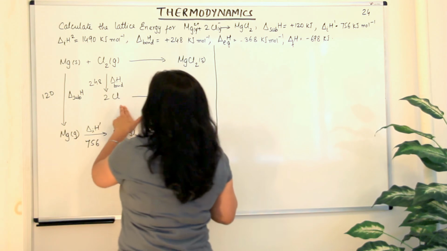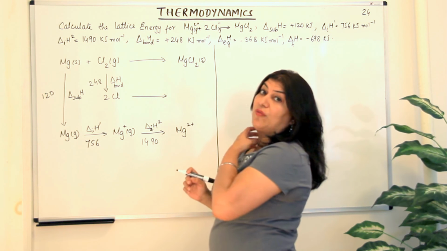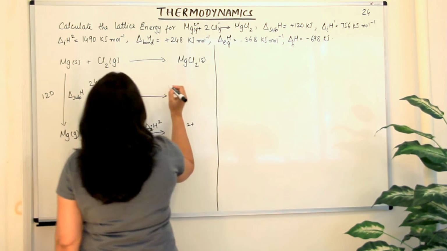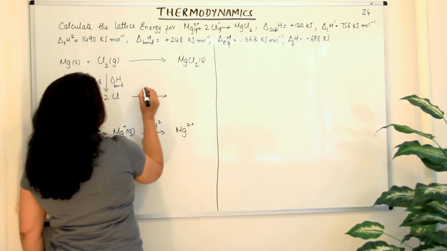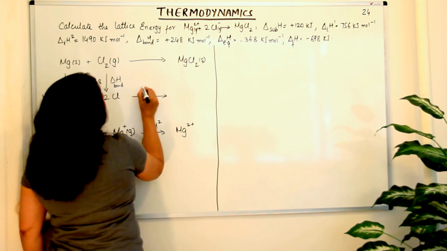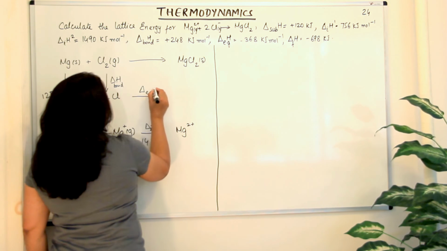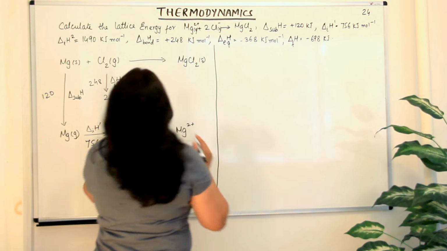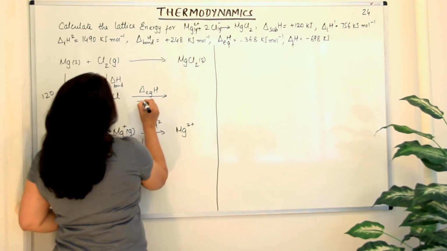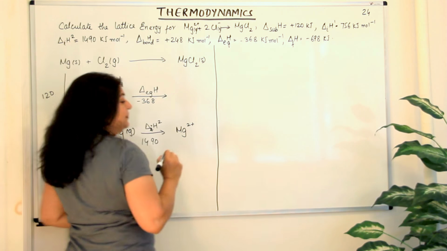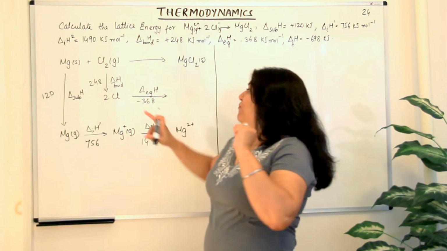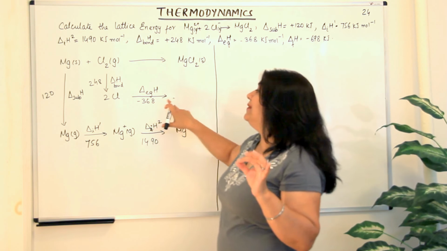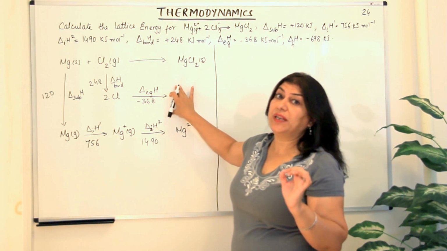the 2 moles of chlorine atoms gain an electron. So you have electron gain enthalpy, right? And electron gain enthalpy for chlorine is minus 368, for 1 mole of chlorine atoms, because it is the molar electron gain enthalpy.